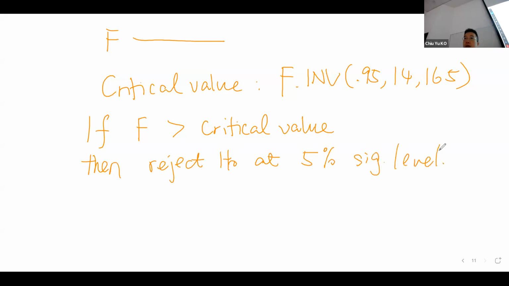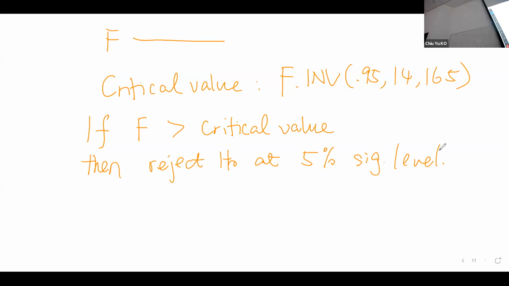You have to write down how you make the decision, since you are not telling me whether you reject or not. Actually, you can tell from the table, but I allow you to write this conditional statement. You're supposed to give me the answer, but I'm generous this time.